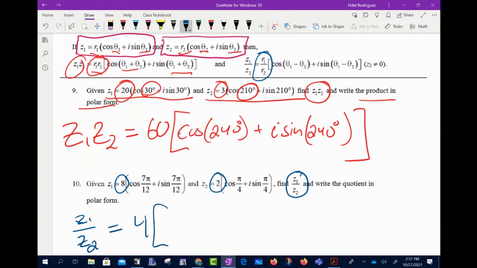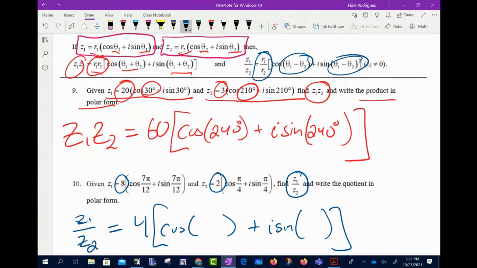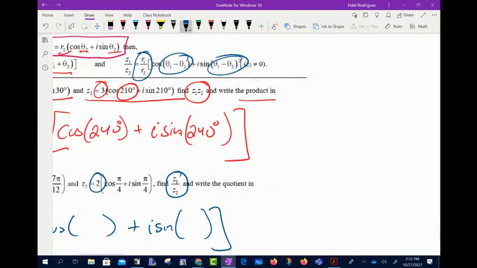Good. And then for the next part, y'all, we're going to go cosine of some angle plus I sine of some angle. Okay, let's take a look at what we're going to do with our angles. Since we're dividing, we got to subtract our angles, okay? So what I'm going to do over here on the side, y'all, 7 pi over 12 minus pi over 4.